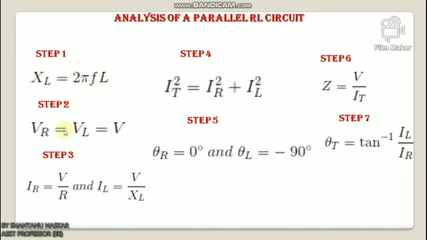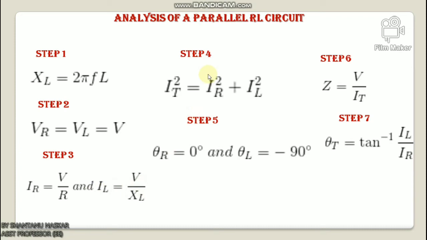Step 2: we know that in a parallel circuit the voltage across the inductor and resistor remains the same, so VR equals VL equals V. Step 3: Ohm's law. Use Ohm's law to find the current flowing through the inductor and resistance, which is IR equals V by R and IL equals V by XL.